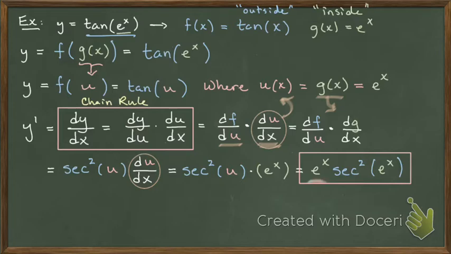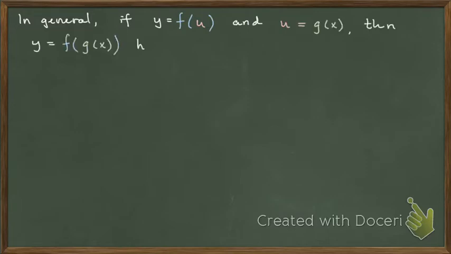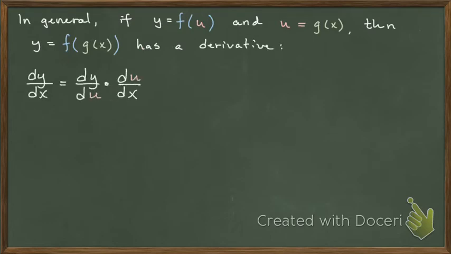So what we're able to do is generalize this. What I like to write here is that if y equals f of u and u equals g of x, this composition, f of g of x, has a derivative where dy dx is dy du times du dx.